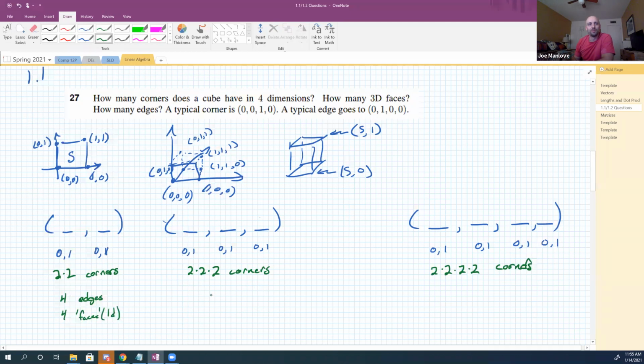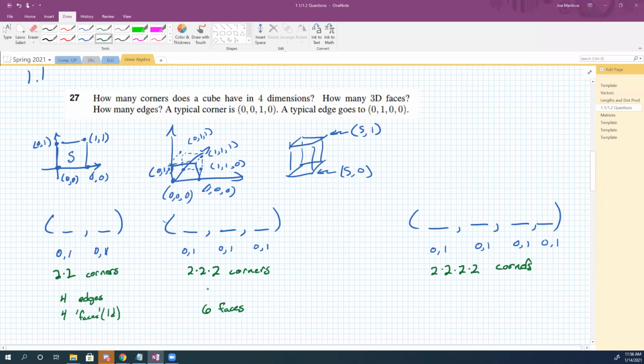What have I got in the cube? How many faces does a cube have? 6. Yeah, it's got 6. You guys see that? How many edges does it have? I think 12. Yeah, it seems like it's got 12.